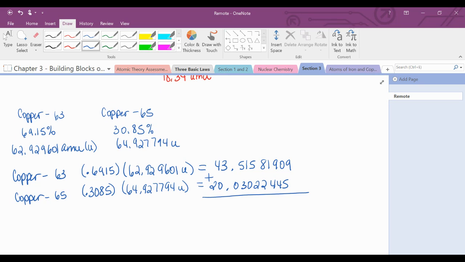Obviously there are lots of significant figures in the atomic mass, so the fewest is the one that's in the percentage. If I look at the percentages, both of these have 4 sig figs.